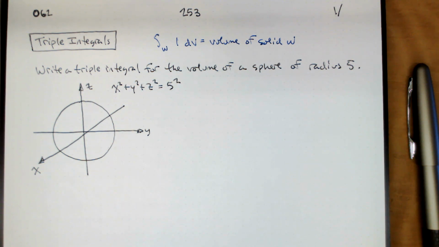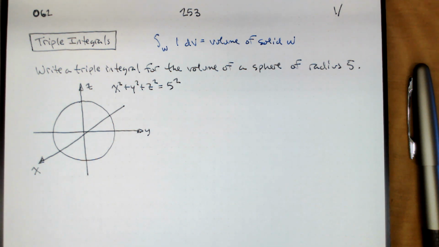We know that we can't write z as a function of x and y, or y as a function of x and z, or x as a function of y and z, because to solve for any one of those variables, we have to take a square root, and square roots turn into these pluses and minuses. But that's useful in this case because we have this sphere above the xy plane, below the xy plane, left of the xz plane, right of the xz plane, in front of the yz plane, behind the yz plane.